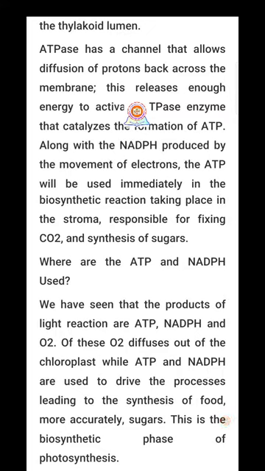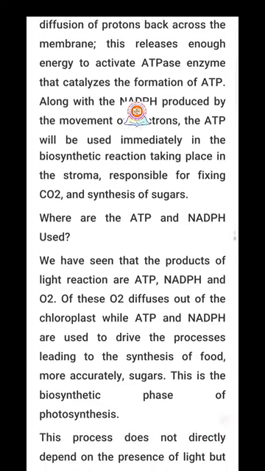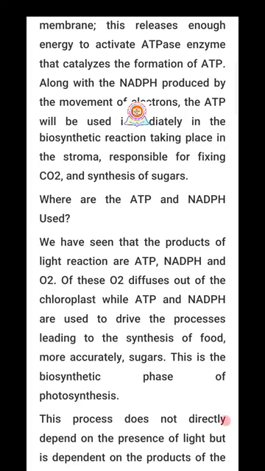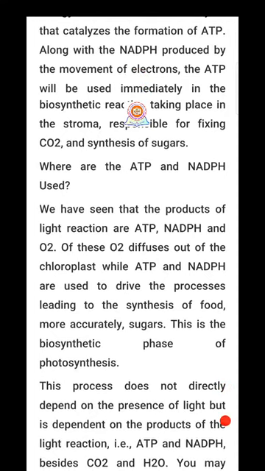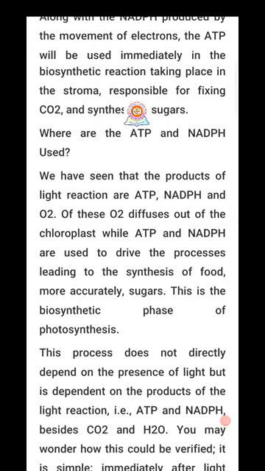Where are the ATP and NADPH used? We have seen that the products of the light reactions are ATP, NADPH and oxygen. Of these, oxygen diffuses out of the chloroplast, while ATP and NADPH are used to drive the process leading to the synthesis of food, more accurately the sugars.